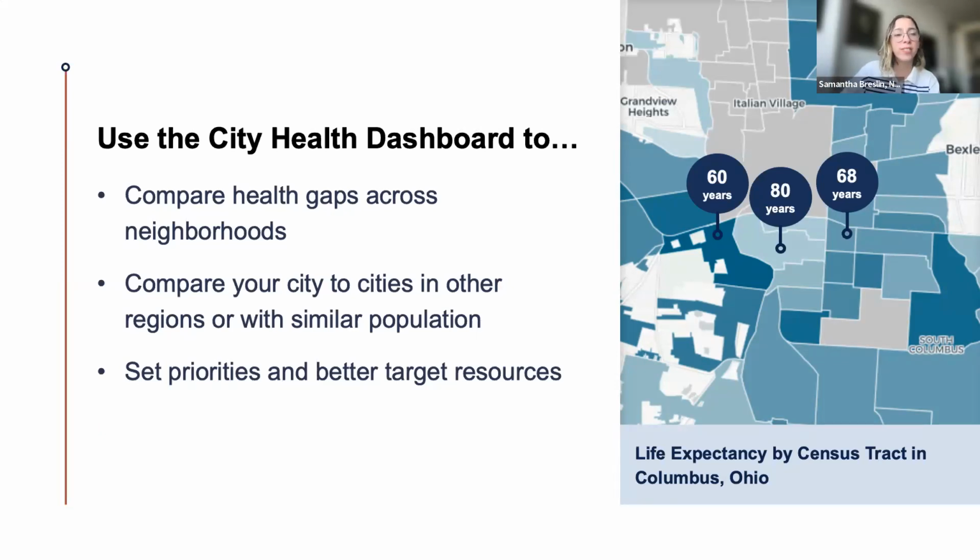You can also use the City Health Dashboard to compare your city to cities in other regions or cities with similar population sizes or demographic makeups. And then finally, use the City Health Dashboard to help you set priorities and better target your resources. It's really helpful for allocating where we're going to spend our energy, what communities we should be reaching out to, all of that stuff, which makes us more effective public servants.